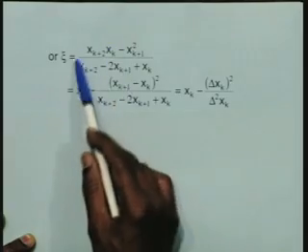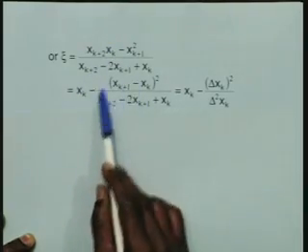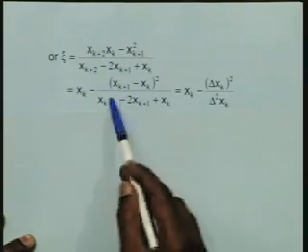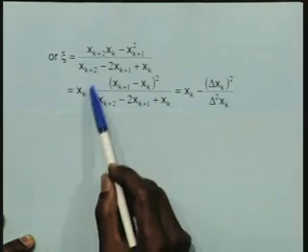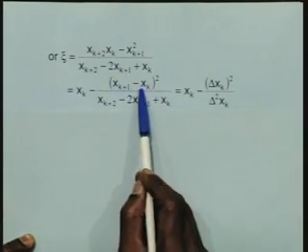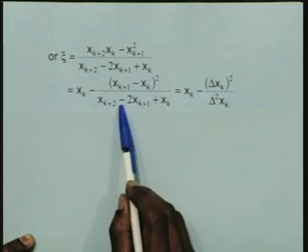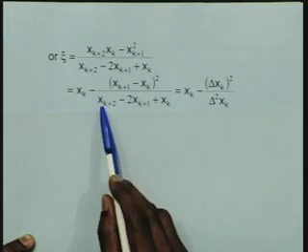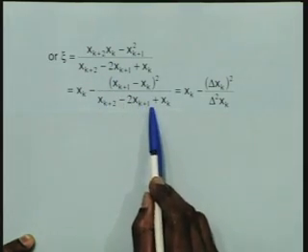So, I would like to rewrite this in the format x k minus some quantity. So, I can simplify this and write it as x k minus x k plus 1 minus x k whole square divided by the same denominator x k plus 2 minus twice x k plus 1 plus x k.